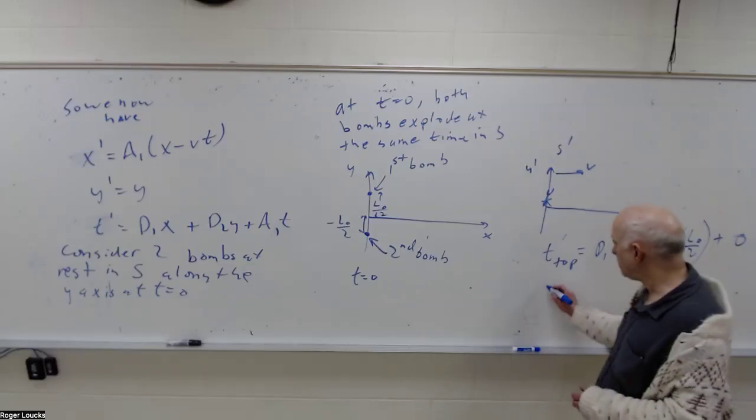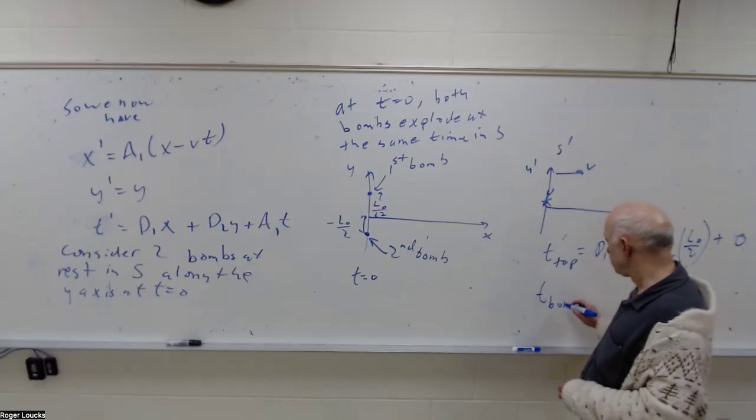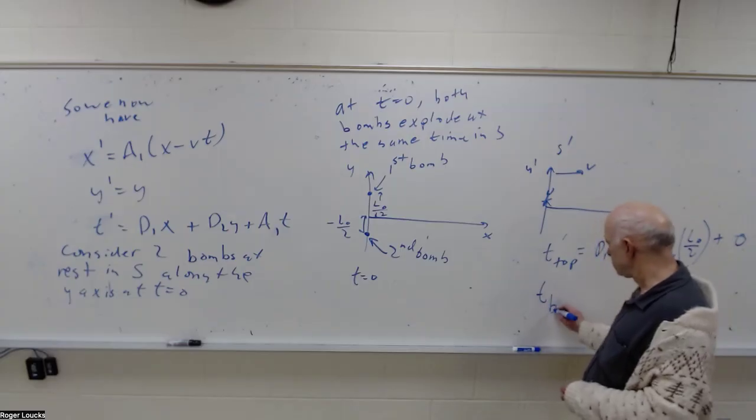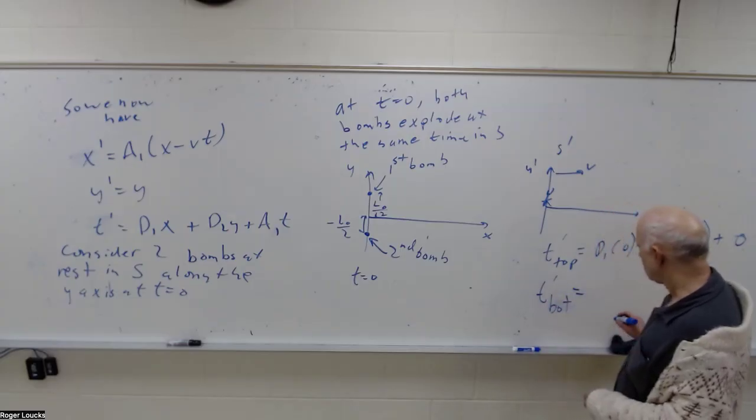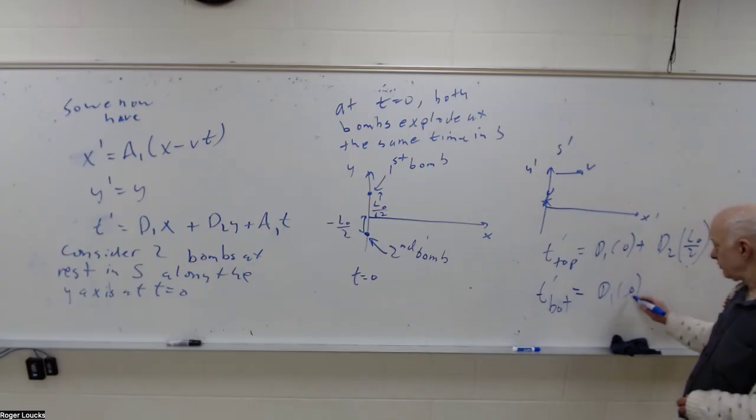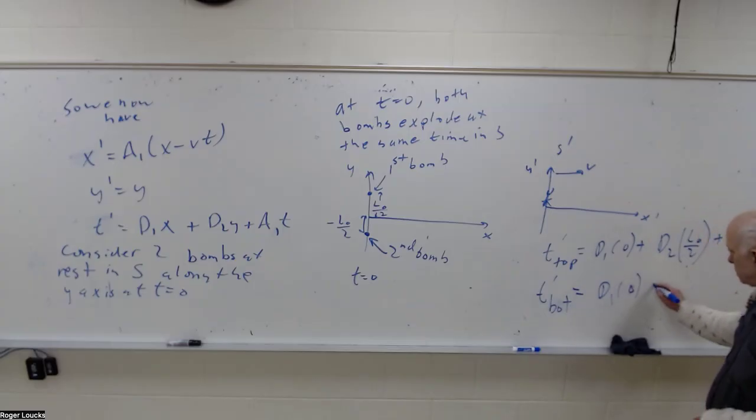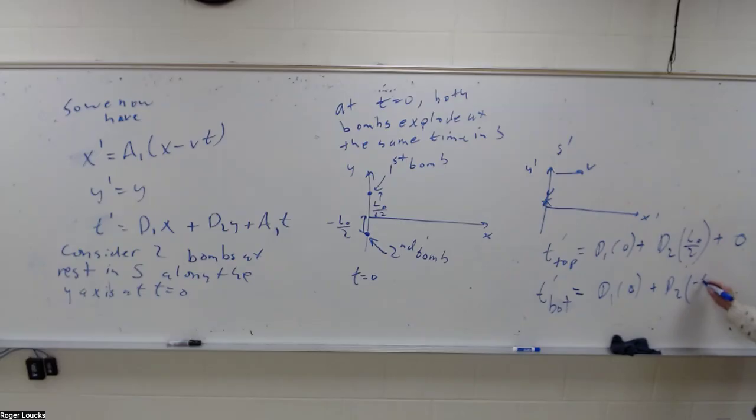Now, if you look at the bottom bomb, 0 here, d2 times minus L naught over 2, plus 0. So what do we have here?